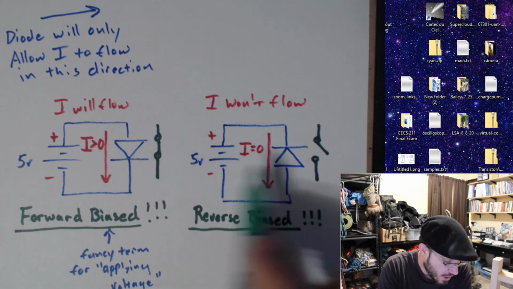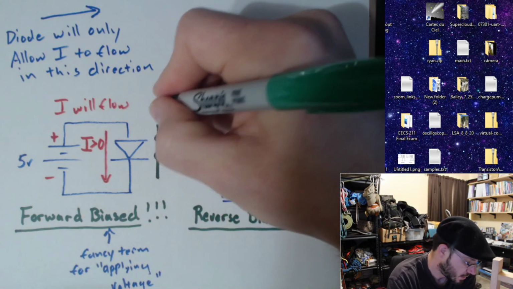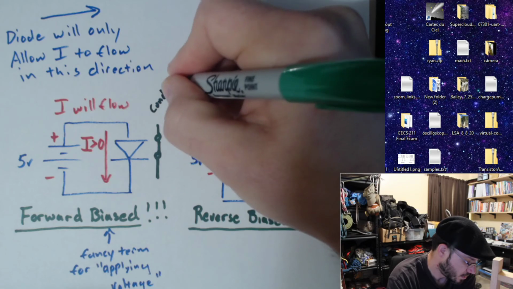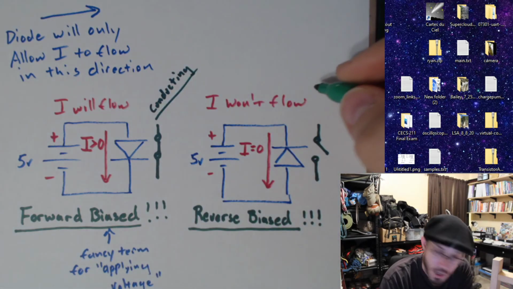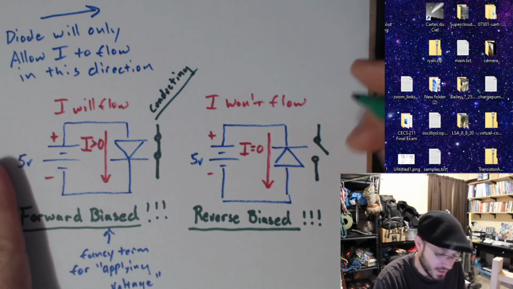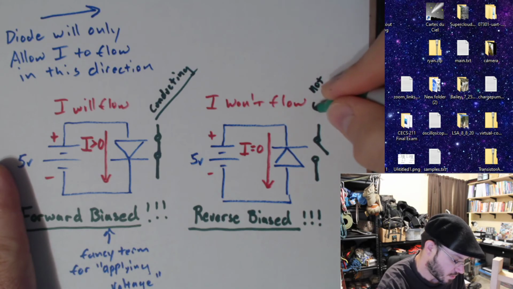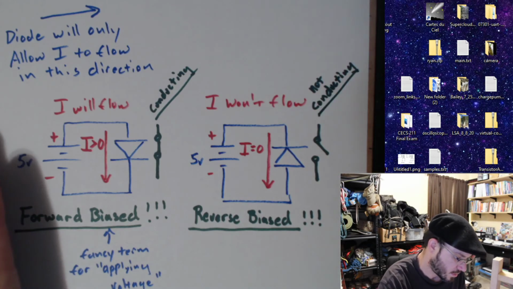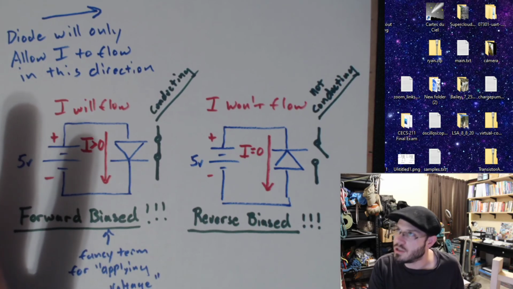Now, this view of looking at whether the diode is conducting or not conducting is referred to as the first approximation.